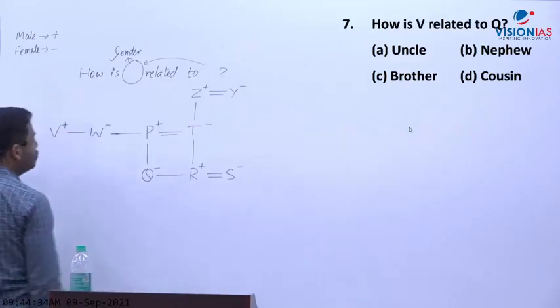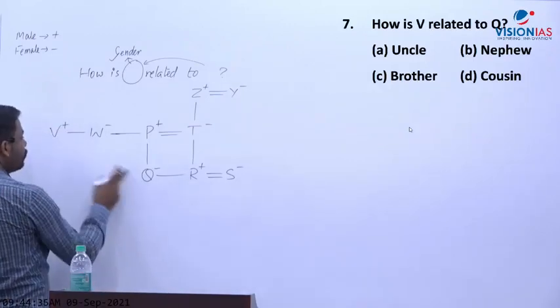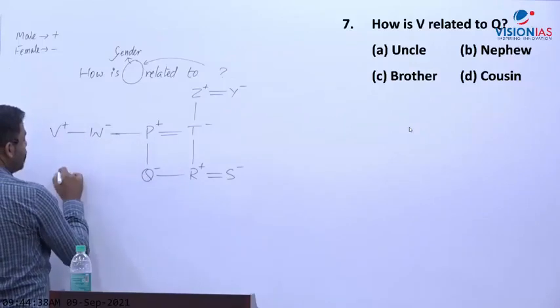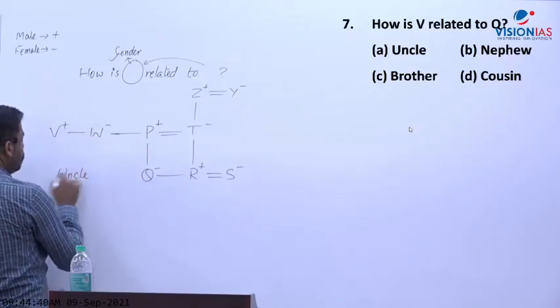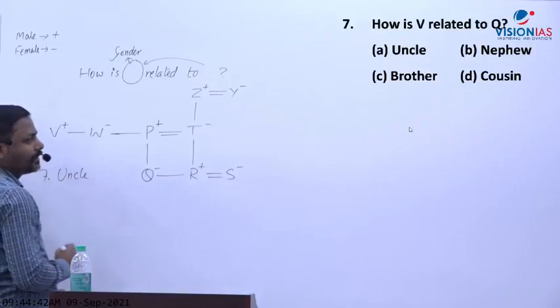For Q, V is father's brother. Father's brother is what? Uncle. So the answer is uncle.